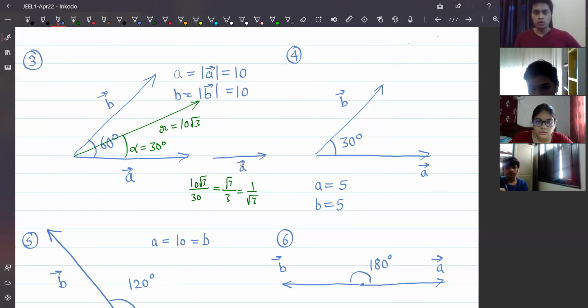To add B vector to A vector, you have to put the tail of B vector on the head of the A vector. Then only you can add and get the resultant like this. So the resultant will always be between A and B if there are two vectors.